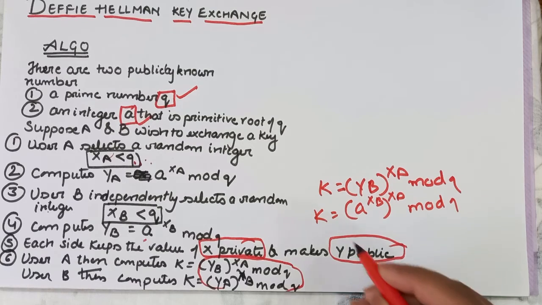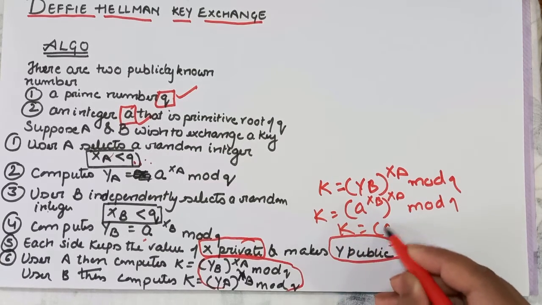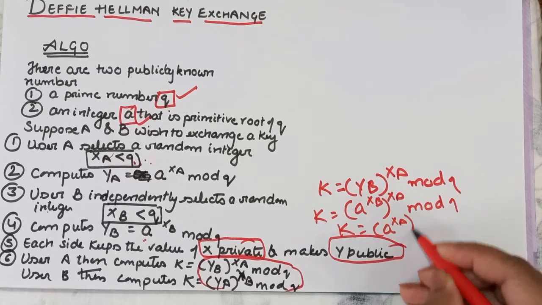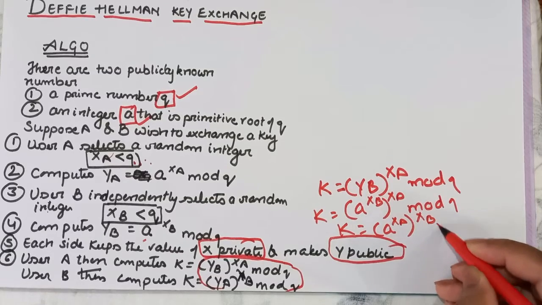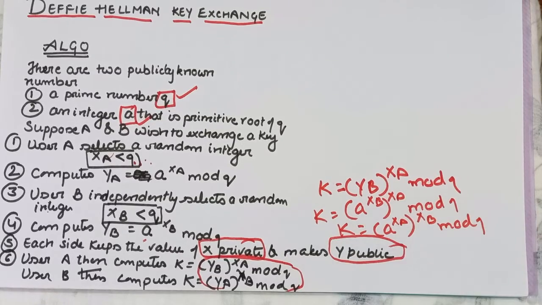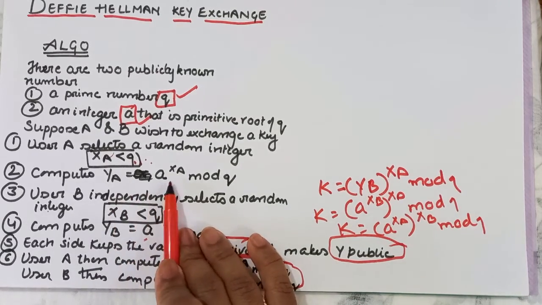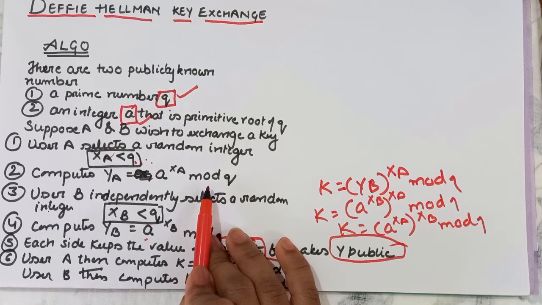Further you can write this as a to the power xa, and you can take out xb, right? Now can you see that ya is equal to a to the power xa mod q?